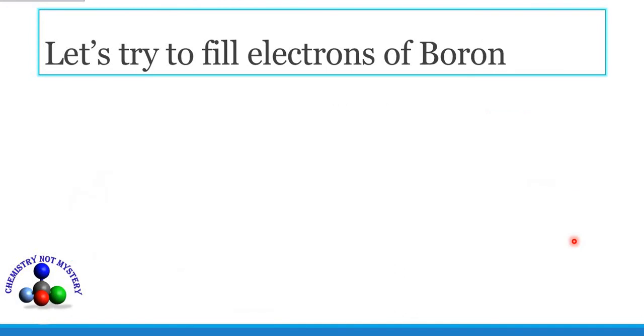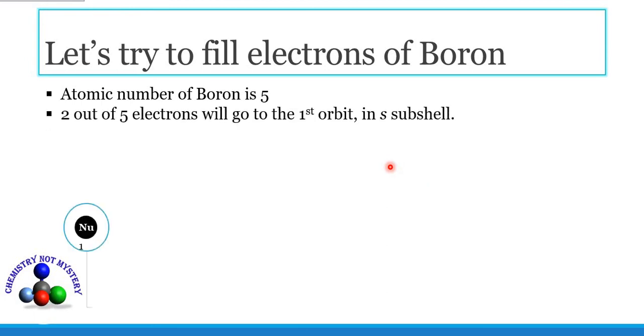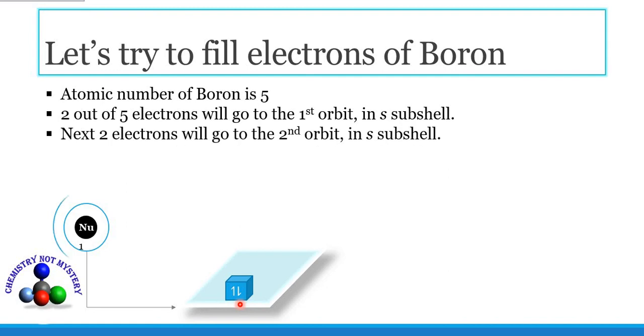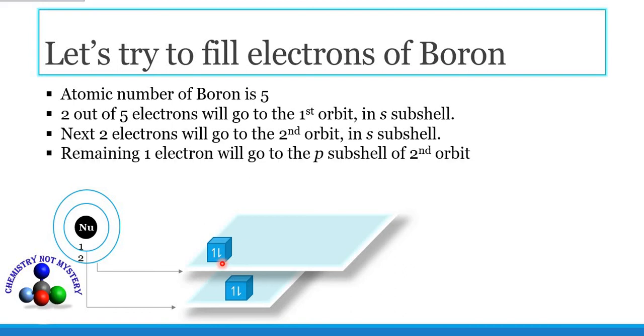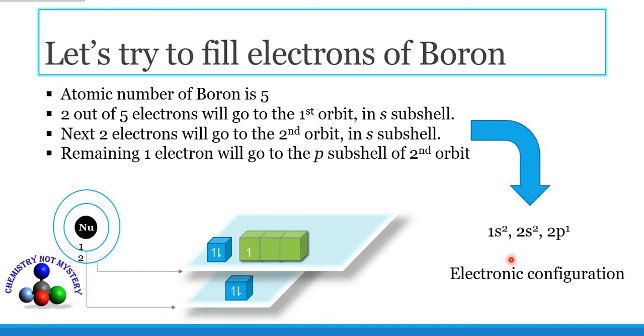Its atomic number is 5. 2 out of 5 electrons will go to the first orbit in the S subshell. The next 2 electrons will go to the second orbit in the S subshell. Now the S subshell is full, so the next electron will go to the P subshell of the same orbit. Now you will write its electronic configuration as 1s2, 2s2, 2p1.